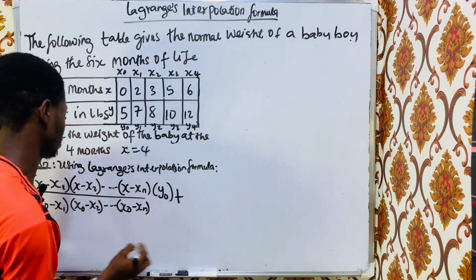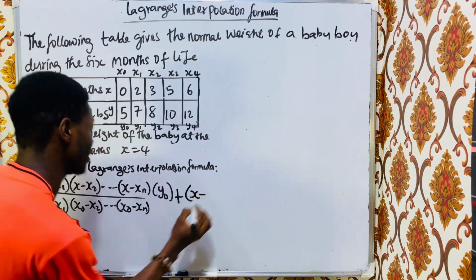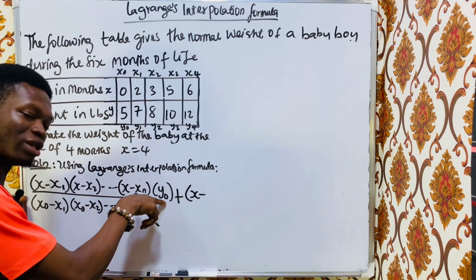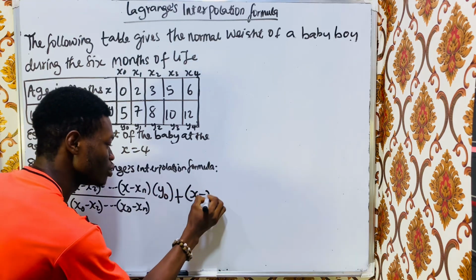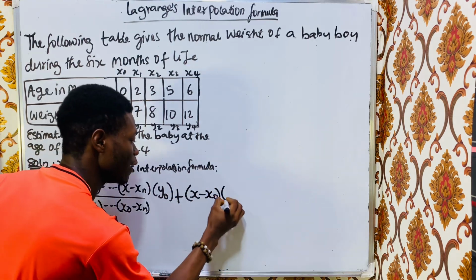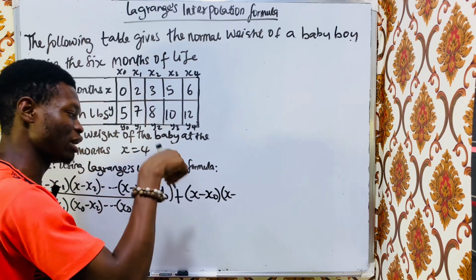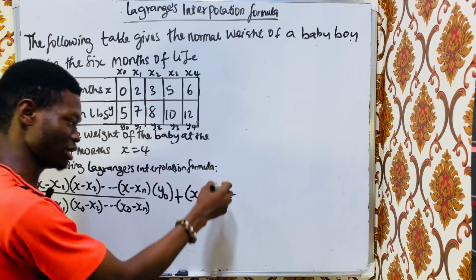Then plus, now we'll go to the second one. It will now be x minus x naught, because our y will now be y1, you understand? So we are not going to put anything x1. Instead of putting x1, we are going to trash it because it's going to collide with the y1 there.